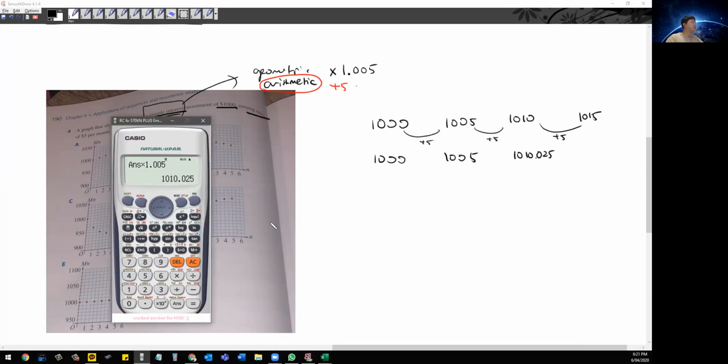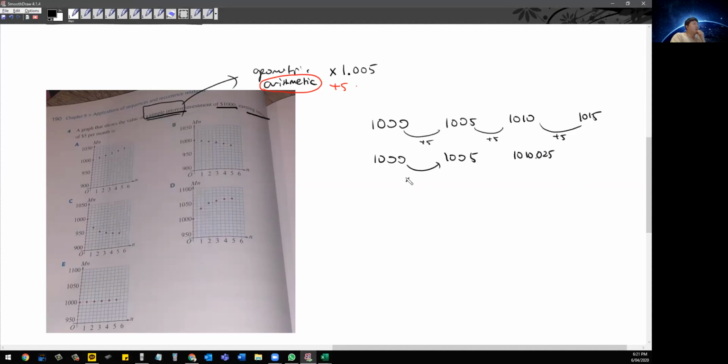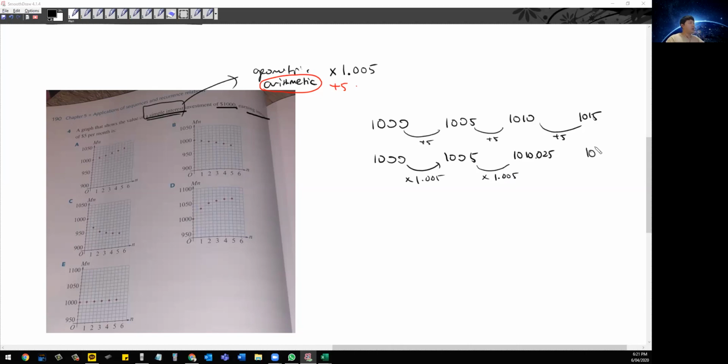Make sense? Do you understand the reason why this is making a bit more money? This is times by 1.005, and this is times 1.005, right? Do you understand why this is making a bit more money than this one over here? Can you describe that to me?